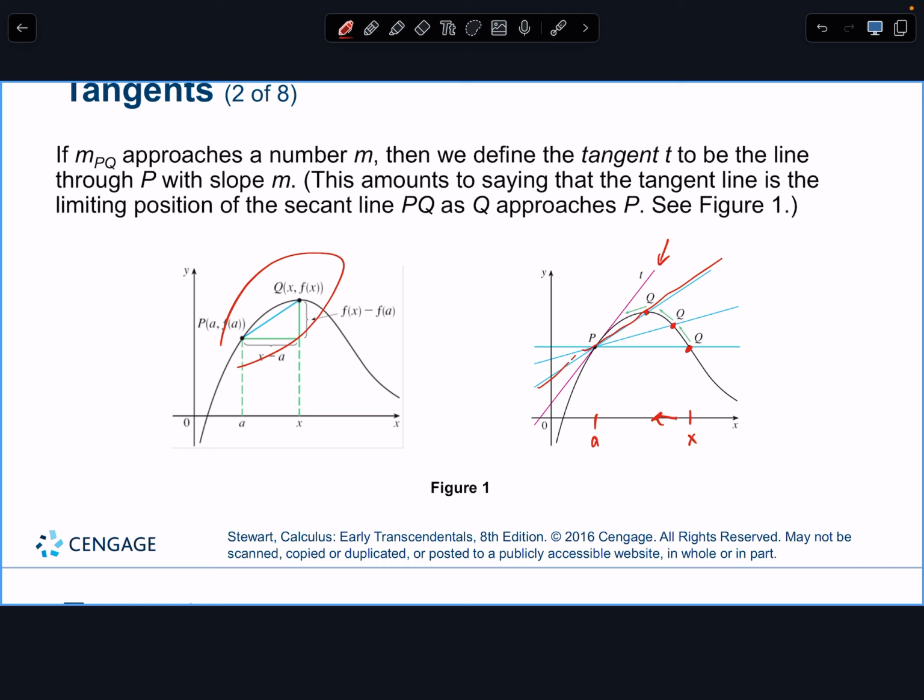The red line is called a tangent line, and the tangent line only intersects the curve at this point, P. The secant line intersects the curve twice, but ultimately when those points become a single point, you'll have a single point where the line intersects the curve.